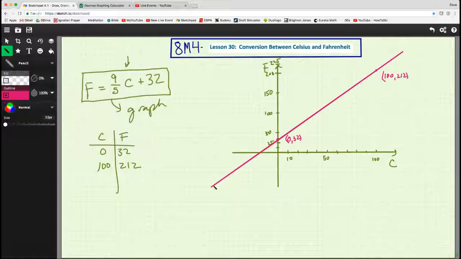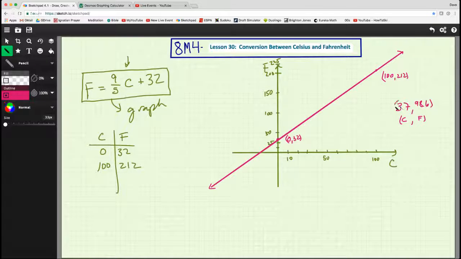There we go. So let's see, we know there's another point on here, and I just know this because I go to my doctor and sometimes they'll read it this way, because doctors in America live in America where we use Fahrenheit, but they also live in the scientific world where we use Celsius. So sometimes they'll read my temperature in Celsius, and the Fahrenheit version of temperature is 98.6.